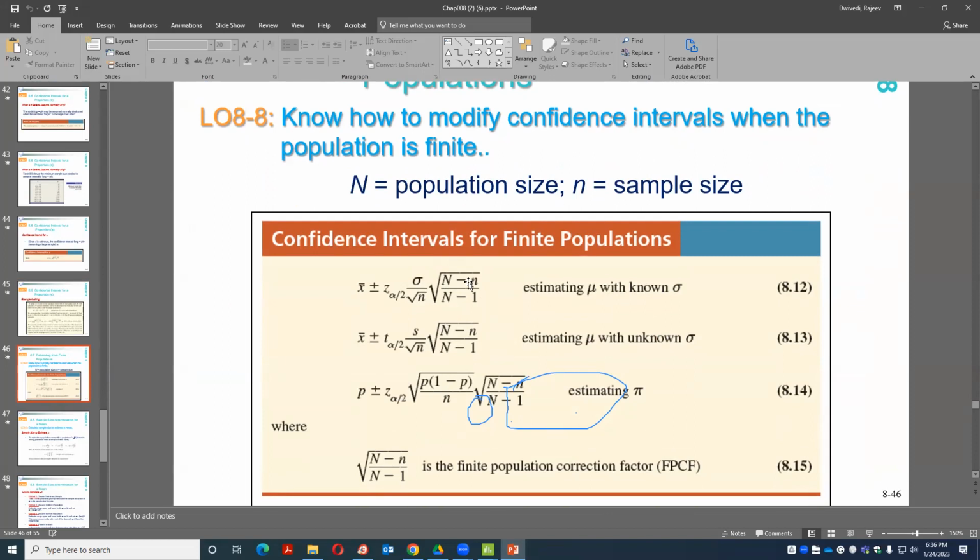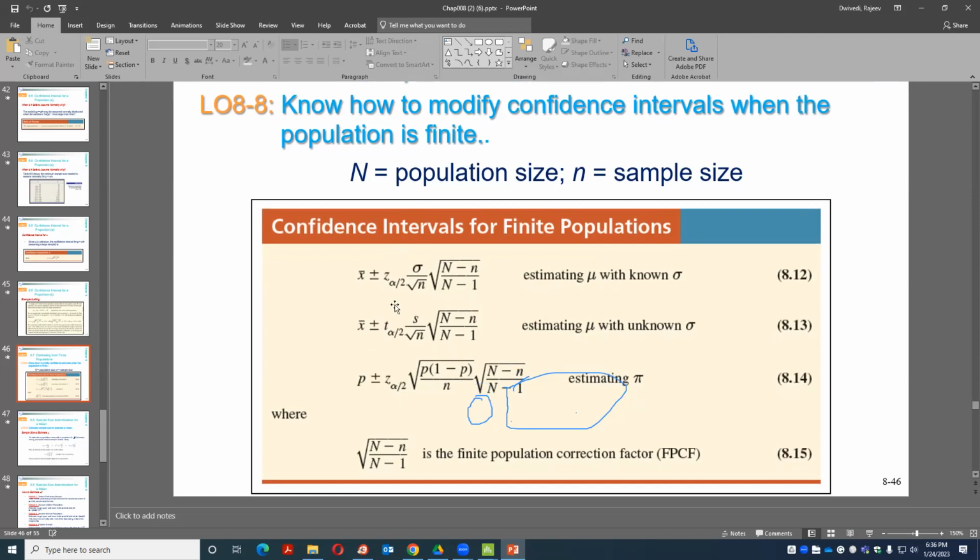If the population size is also given along with the sample size, then this part is included, which is called the finite population correction factor: square root of capital N minus small n divided by capital N minus 1, where capital N is the population and small n is the sample. In that case, all three formulas have this extra factor.